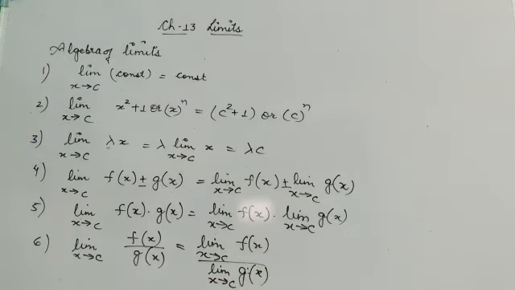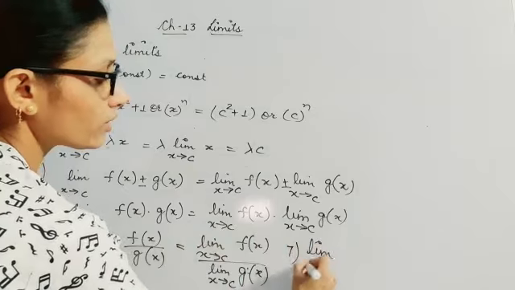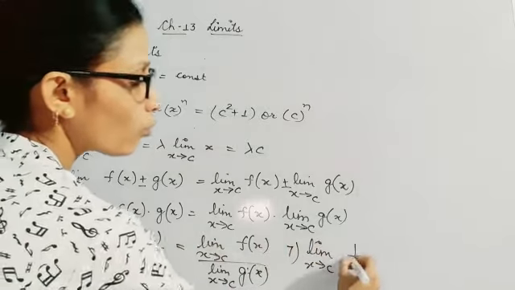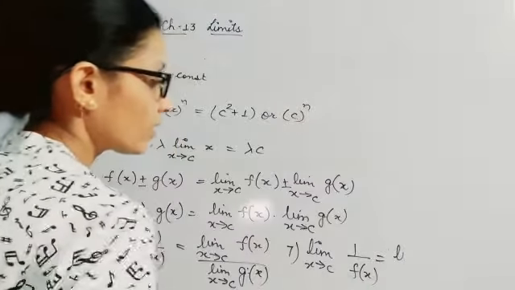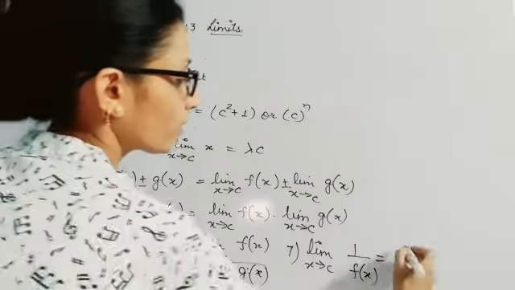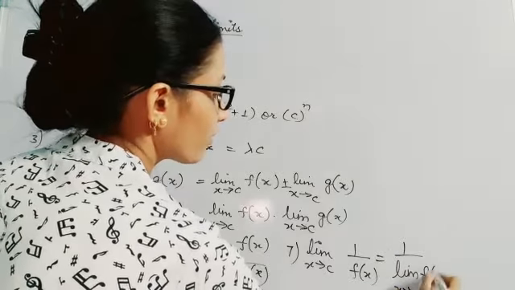Now, if you have limit x tends to c 1 upon f(x), then also you can write it as 1 upon limit x tends to c f(x).